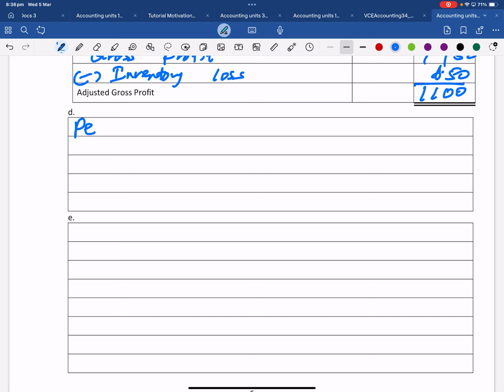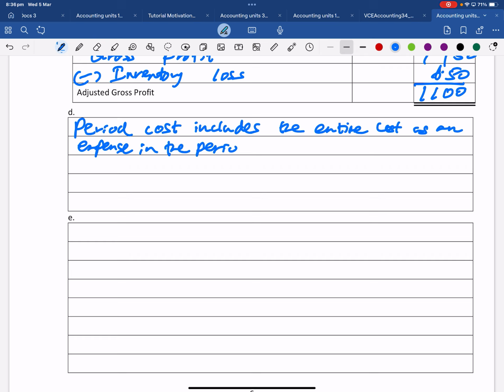The period costing or period cost includes the entire cost as an expense in the period in which inventory is purchased.